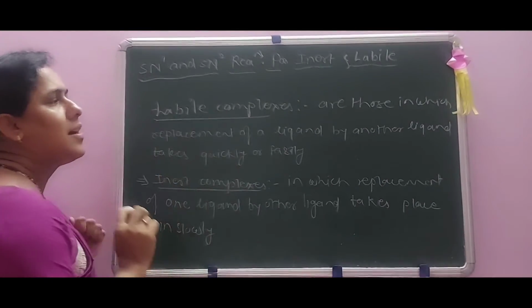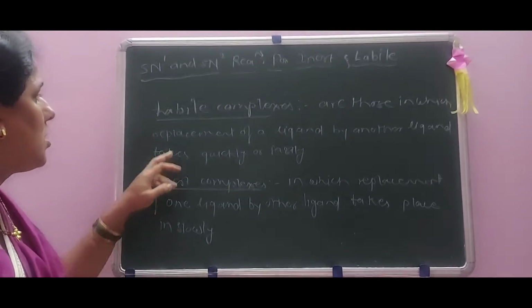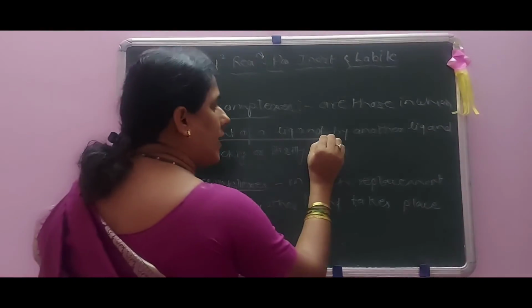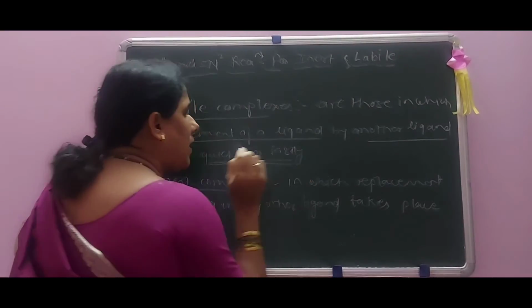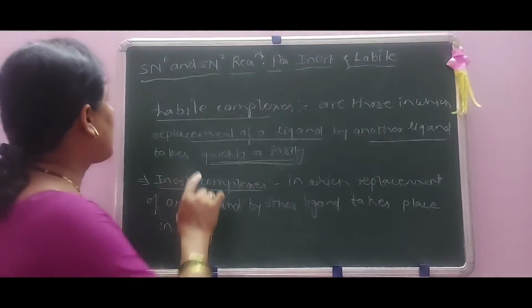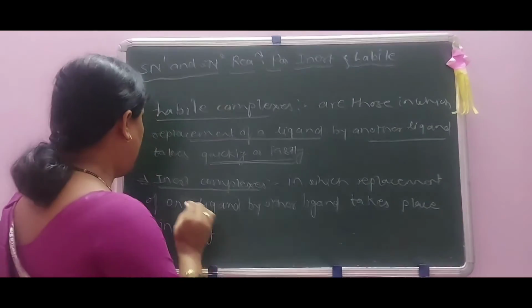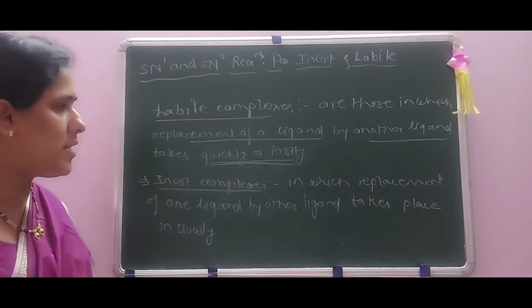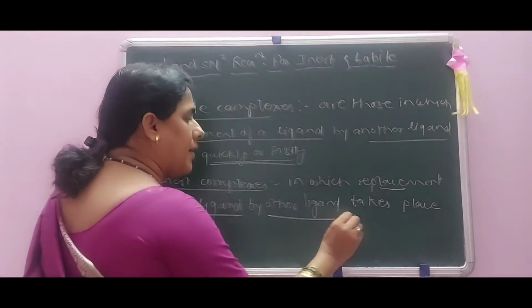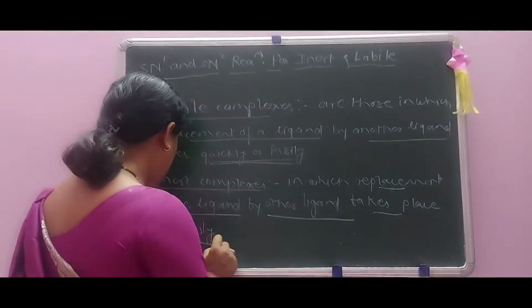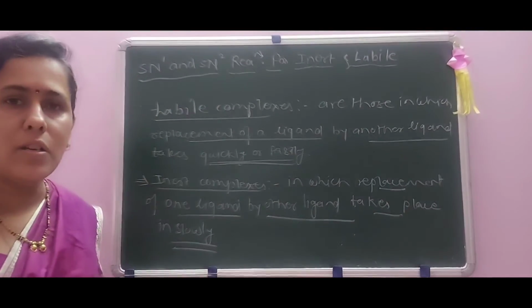Labile complexes are those in which the replacement of a ligand by another ligand takes place quickly or fastly, and inert complexes are those in which the replacement takes place slowly.